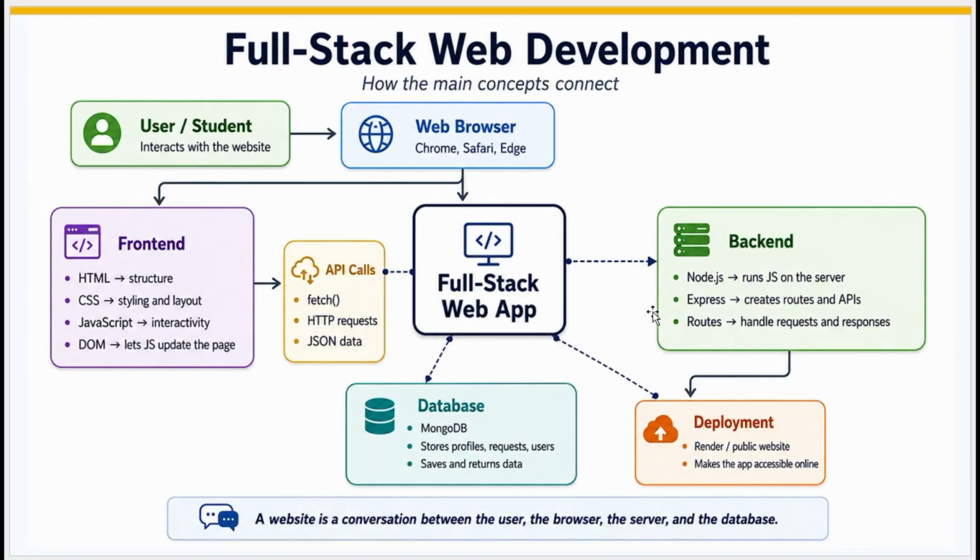The front end is the part the user sees. This includes the layout, buttons, forms, colors, and interactions. The backend is the part that the user does not directly see. It handles requests, logic, and communication with the database. The database then stores the information so that it does not disappear when the page refreshes.